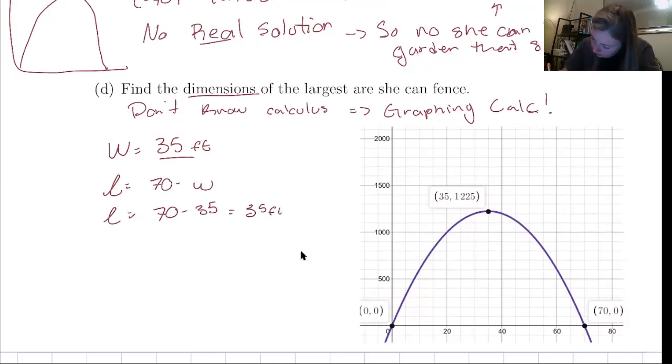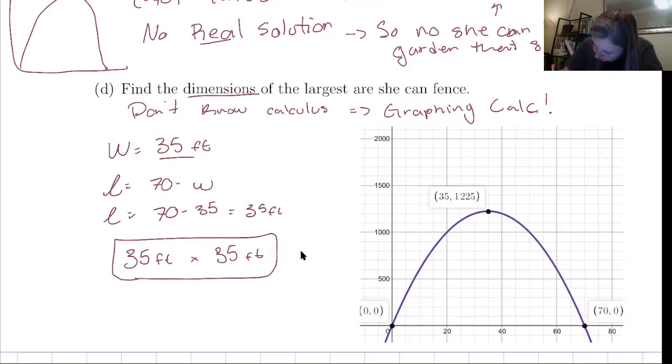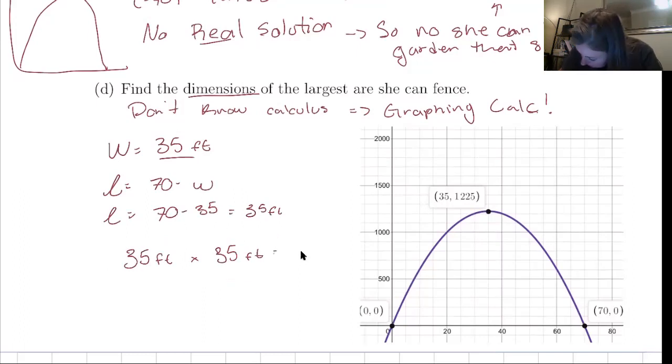So our dimensions would be 35 feet by, just draw a little x, 35 feet. That's usually how I would prefer for them. Oh, sorry, you also need to state the area. Sorry, 1225 feet squared. There we go.